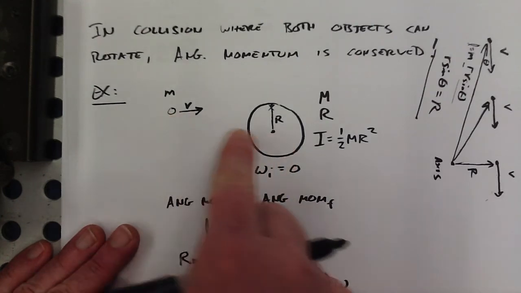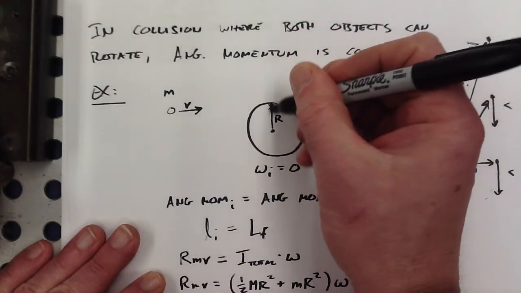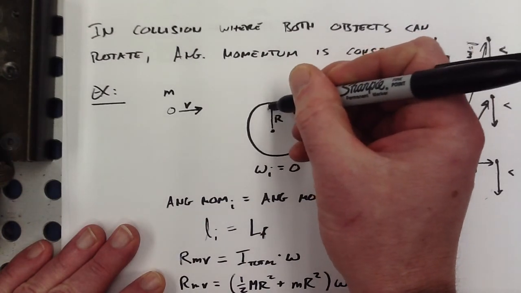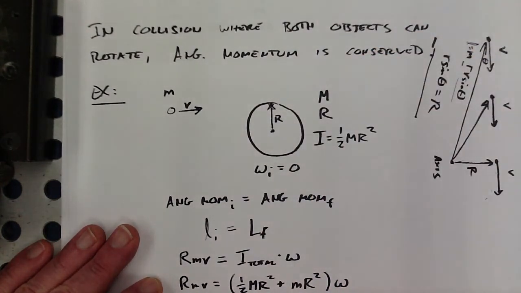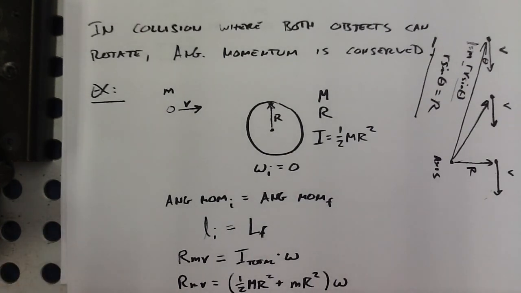Because the R sine theta for all those different R's is always going to be equal to that perpendicular radius R right there. So that's good to know.